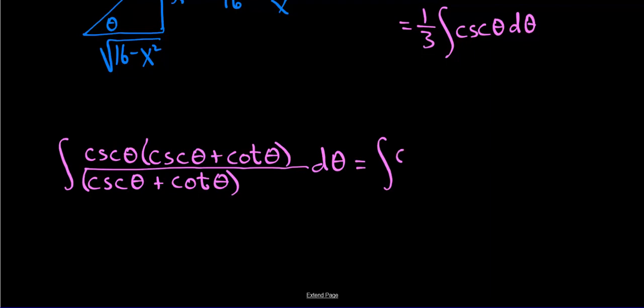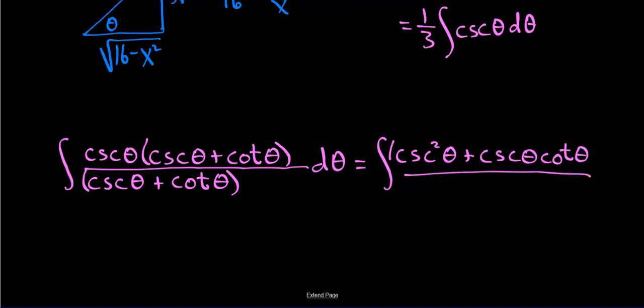Now, let's see what we get then. We've got cosecant squared theta plus cosecant theta cotangent theta d theta. And down here, we've just got cosecant theta plus cotangent theta.